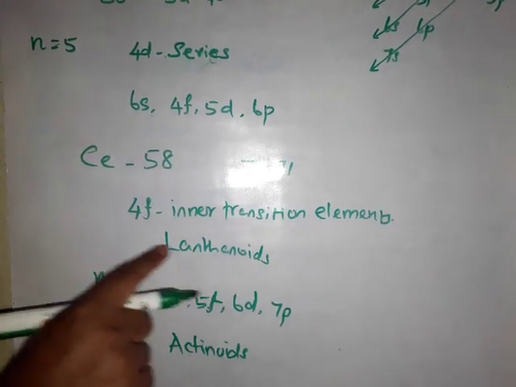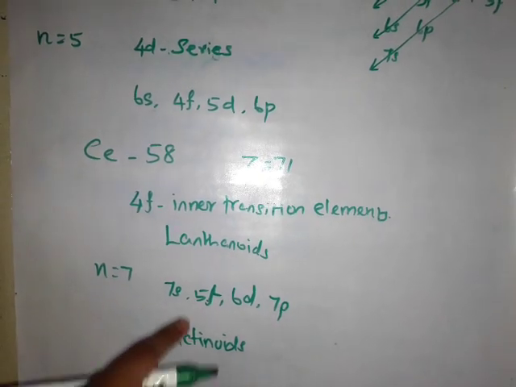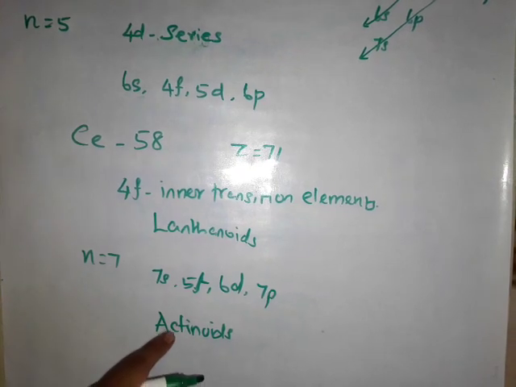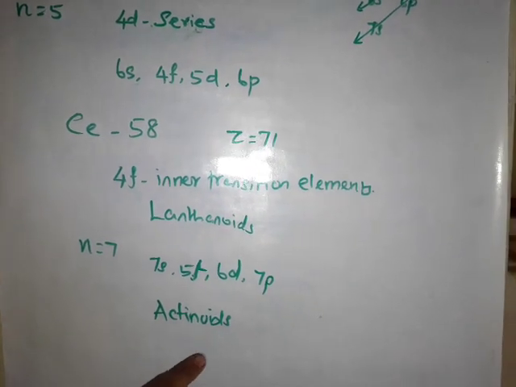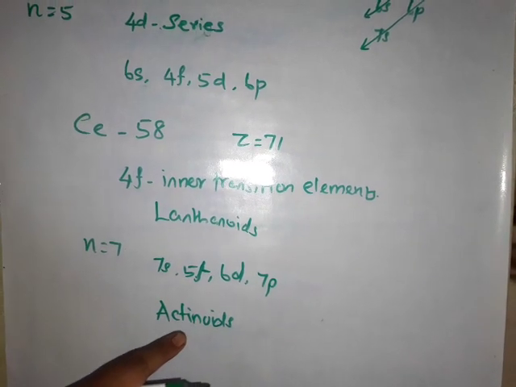This is lanthanoid, the 4f element. This is the 5f inner transition series, and most of the elements are radioactive in nature. That is called actinoids.